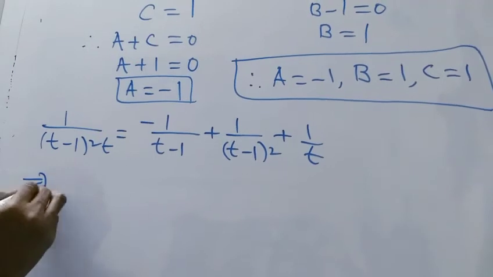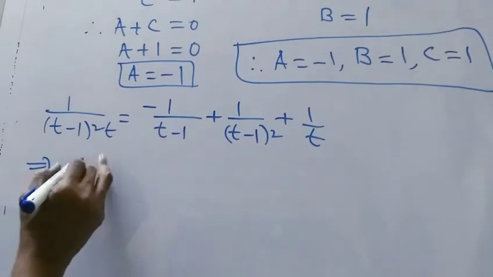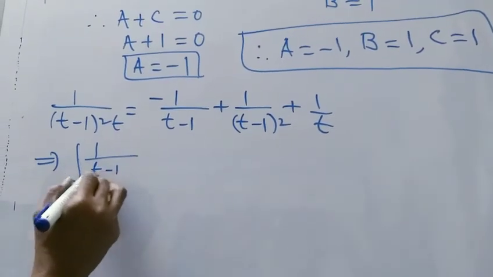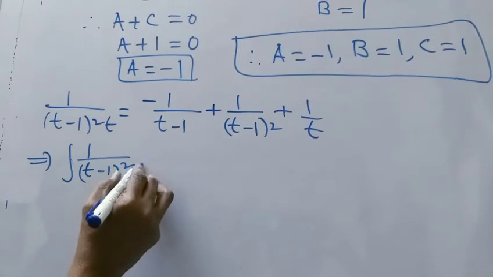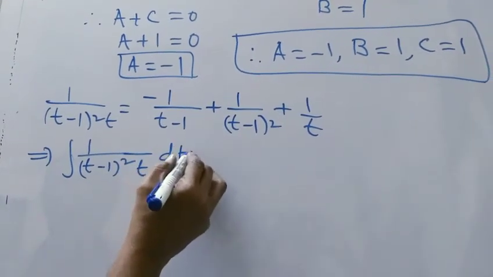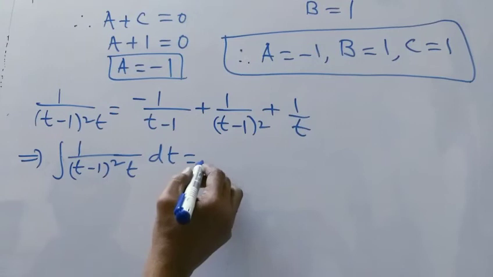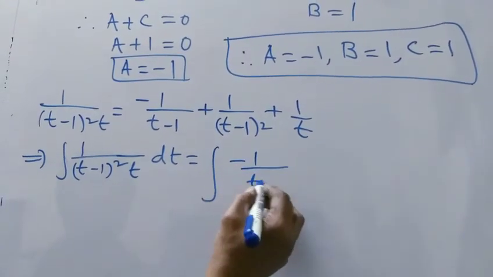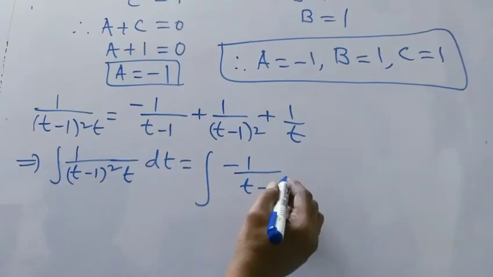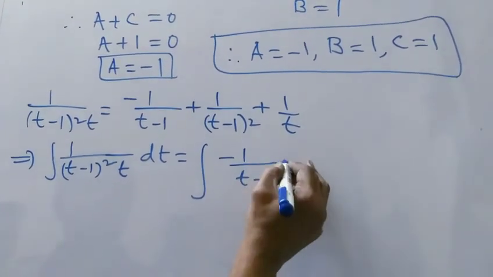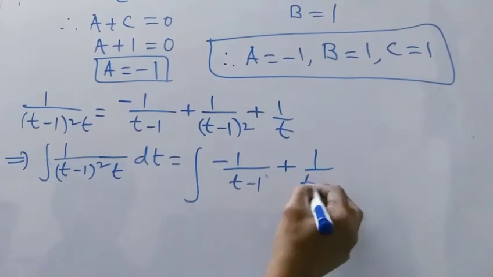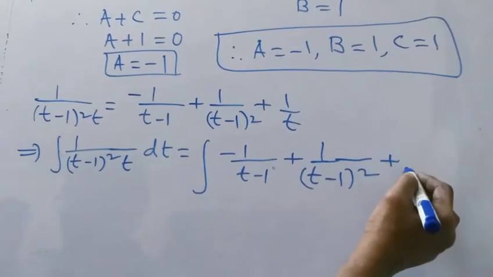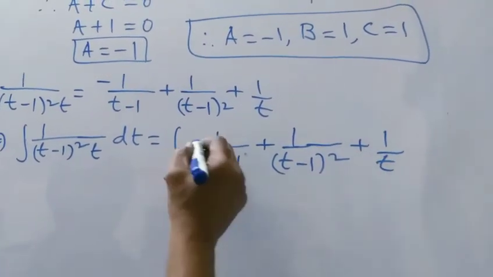So integral of 1 by (t minus 1) whole square into t dt is equal to integral of minus 1 by (t minus 1) plus 1 by (t minus 1) whole square plus 1 by t dt.